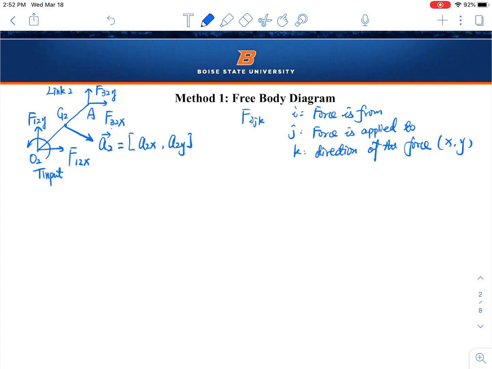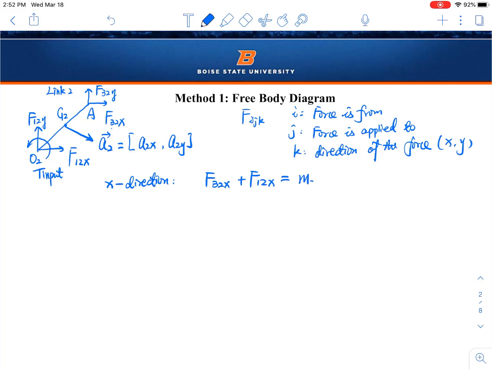We have 3. So one is along the x direction, linear motion. So we have all the force along x. We have F32x plus F12x. That's going to generate the linear motion of the center of rotation. In this case, we assume the center of gravity is the center of rotation.